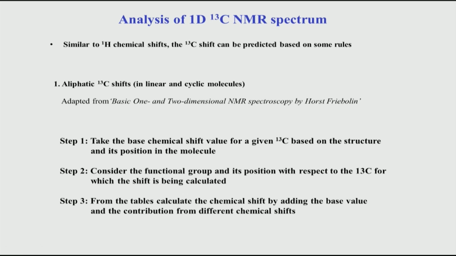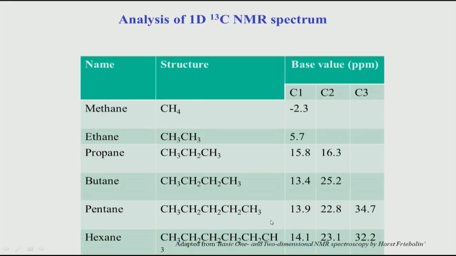For example, if it is a halogen substituent, a nitro group or an amine group, based on the functional groups you add to the chemical shift, again taken from a table. Finally you get the total chemical shift, which is the base value plus a contribution from different functional groups.